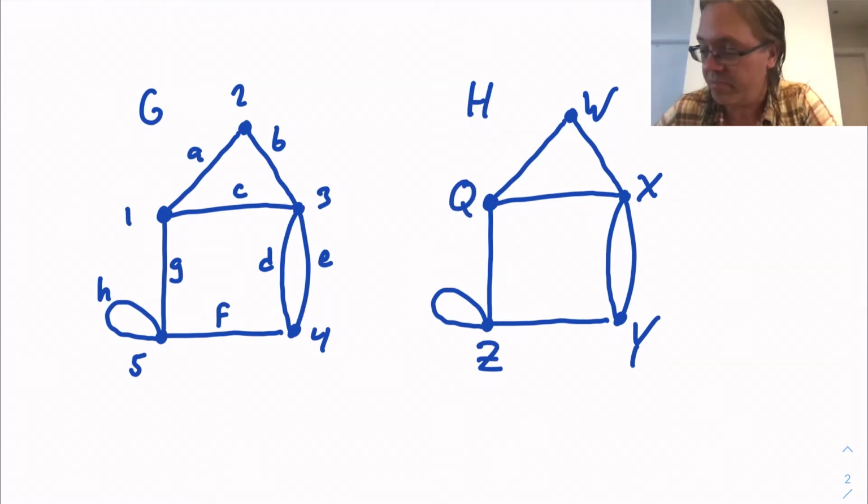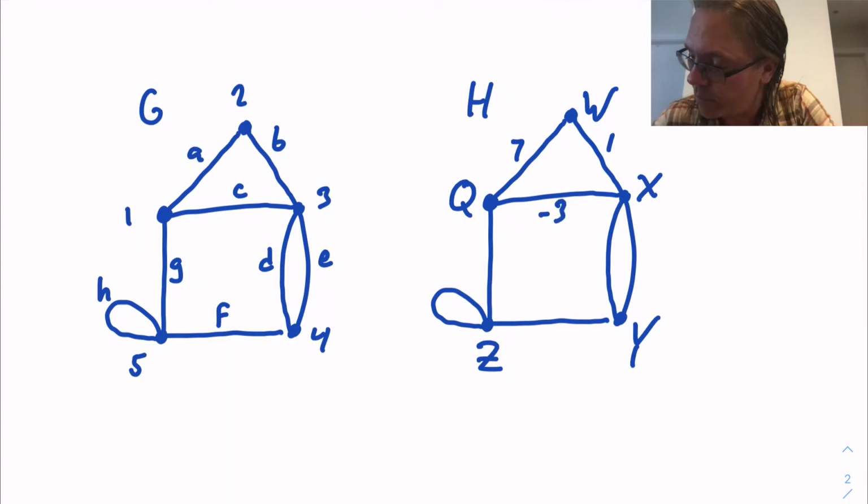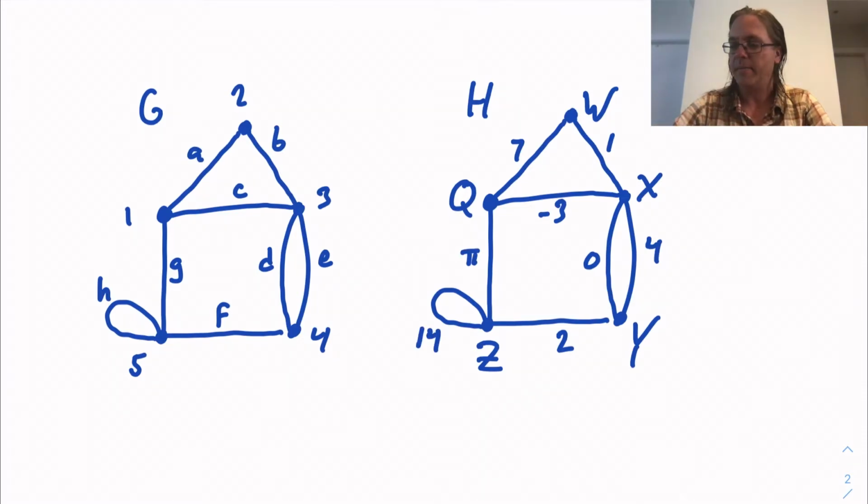And then I'll use some numbers for the edges. This will be 7. I won't even use consecutive ones. How about pi? Why not? And 14. Okay, so these are just silly identities.